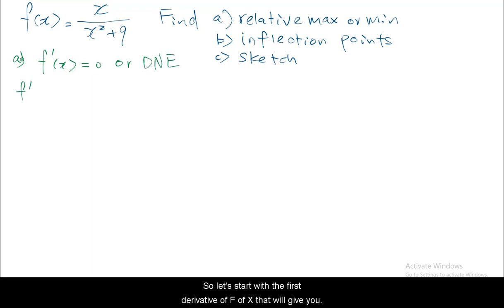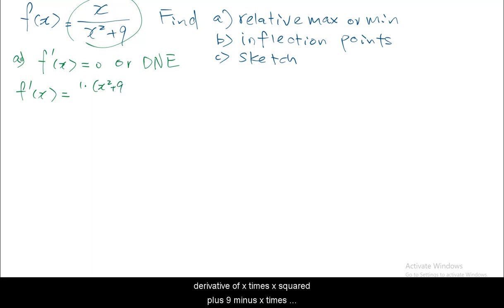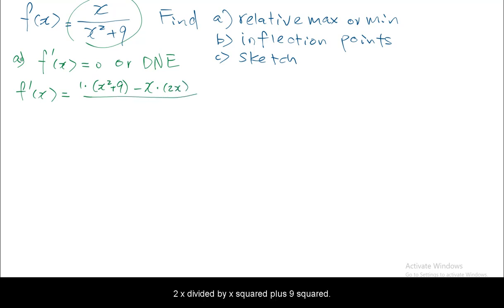So let's start with the first derivative of f of x. We can see this as a quotient, so by the quotient rule, that will be 1, the derivative of x, times x squared plus 9 minus x times 2x, divided by x squared plus 9 squared.